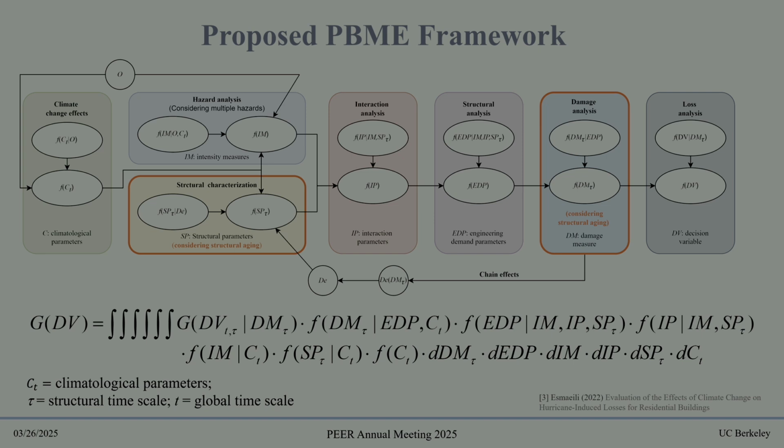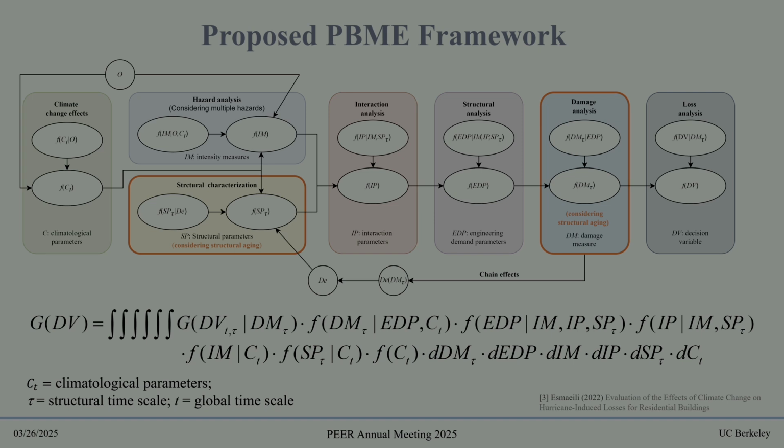There are two additional elements that are accounted for in this methodology. One is climate change. For many hazards like wind, floods, snow, there is a clear dependence of the loads on the climate conditions. So the loads that we see in current climate conditions will be different than the ones that may happen 30, 50, 100 years down the line.